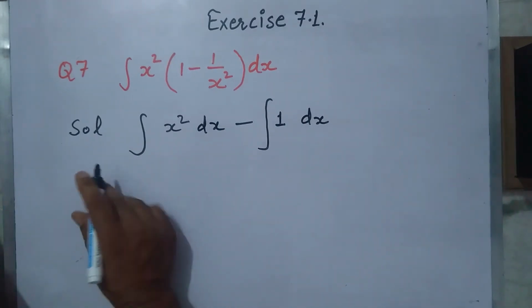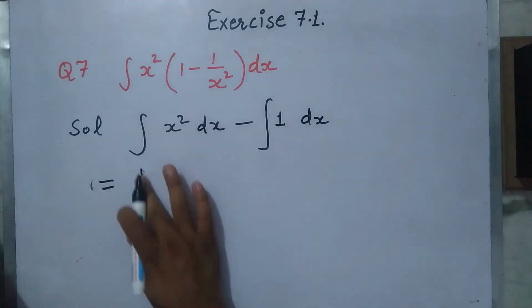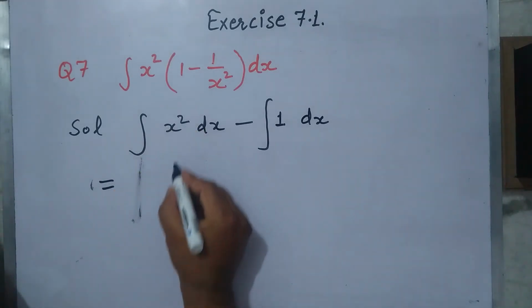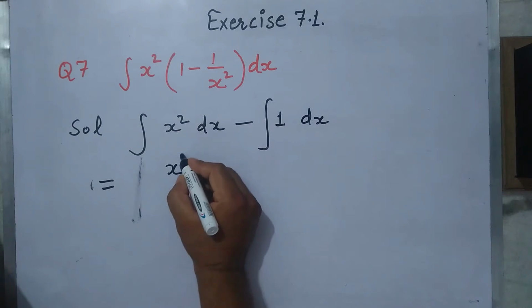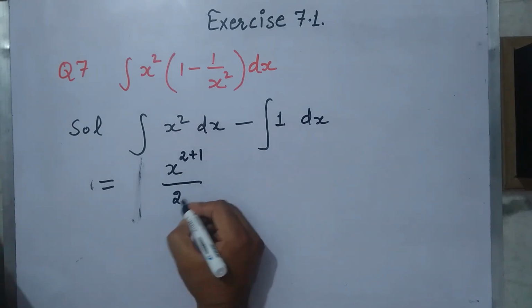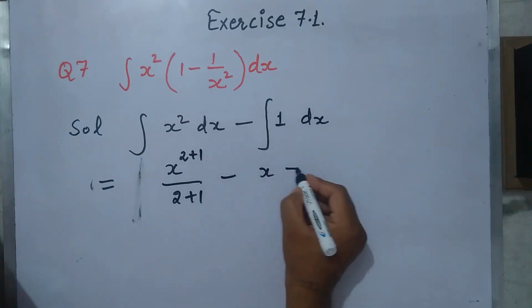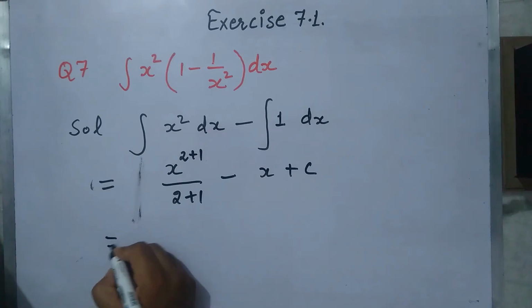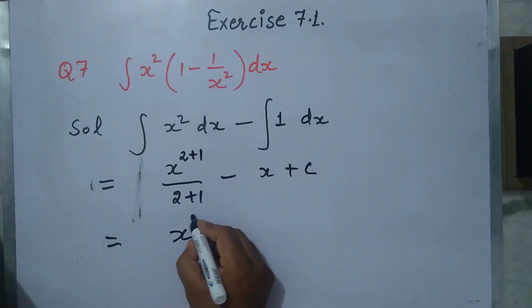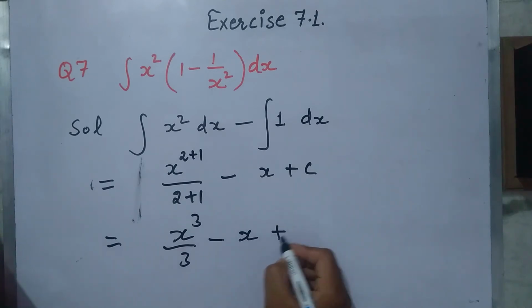So we have answer is x power 3, integration x power 2 plus 1 upon 2 plus 1, minus integration of 1 is x plus c. So this is equal to x power 3 upon 3 minus x plus c.